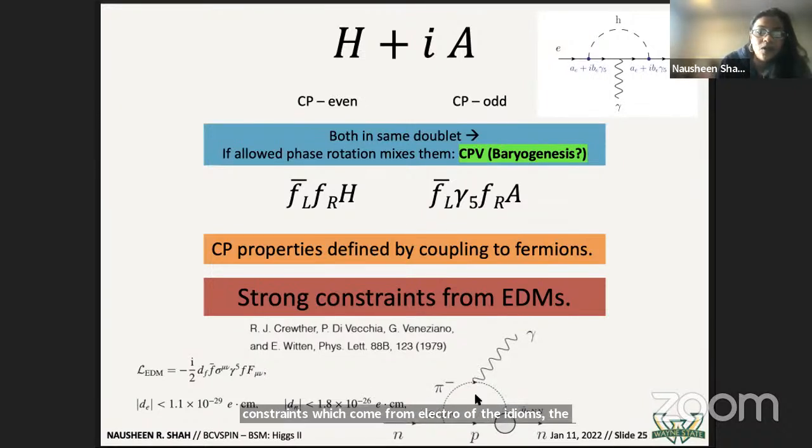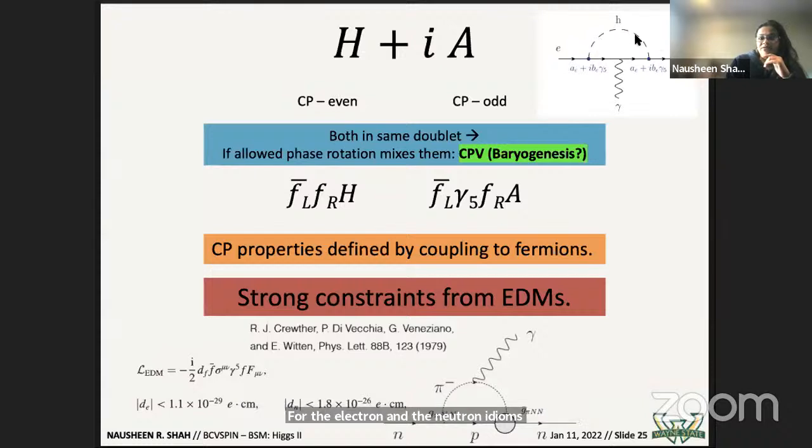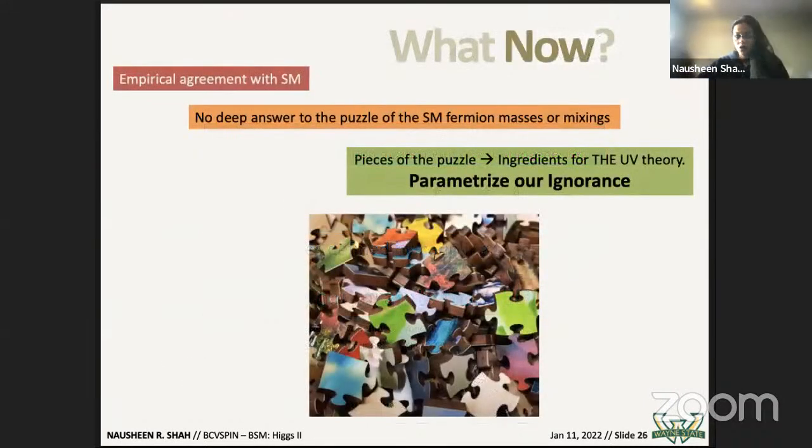So for example, these are some recent constraints on the electron and the neutron EDMs, because you can have this kind of contribution to these EDMs. So again, this provides a very strong constraint on the amount of CP violation that you can have from these Higgs sectors. Okay, so where do we go from this?